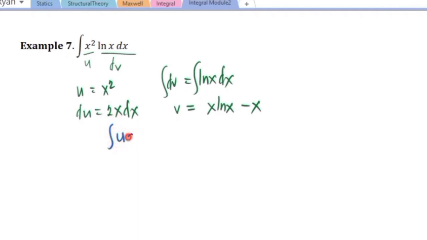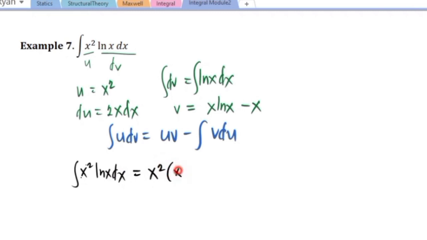So we have the integral of u dv is equal to uv minus integral of v du. So magkakaroon tayo ng the integral of x squared ln x dx is equal to uv, so your u is x squared and your v is x ln x minus x, minus the integral of v, that is x ln x minus x multiplied by du 2x dx.